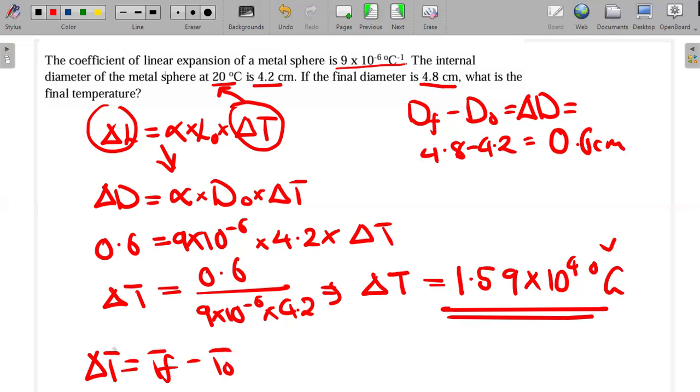Since we have the change in temperature and we also have the T initial, T final will be equal to the change in temperature, 1.59 times 10 to the power 4, plus the initial temperature, which is 20 degrees Celsius. And this is going to give us the final temperature. Let's just add the two.